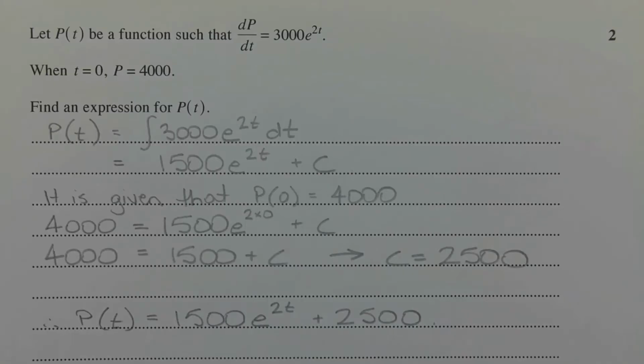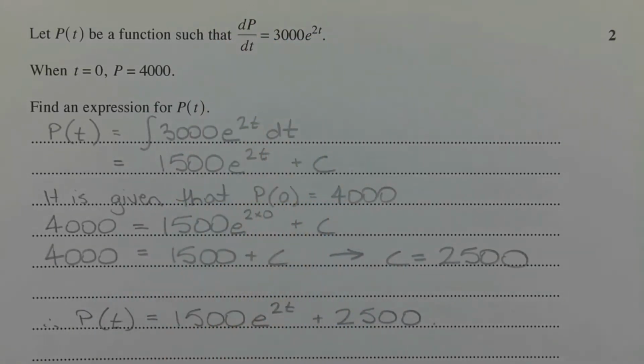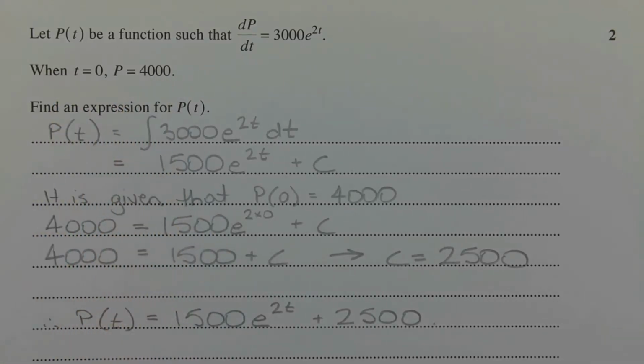To do that, we need to integrate this expression. That will introduce a constant of integration, and then we'll need to use the boundary condition given, when t equals 0, p equals 4000, to find the value of the constant of integration. After that, we can find the expression for P of t.